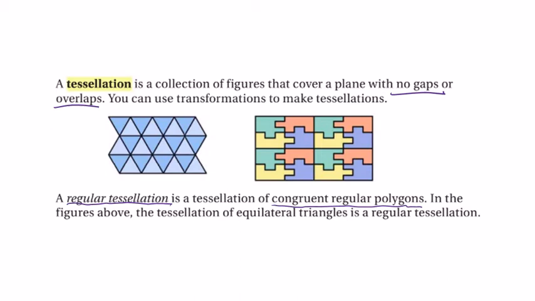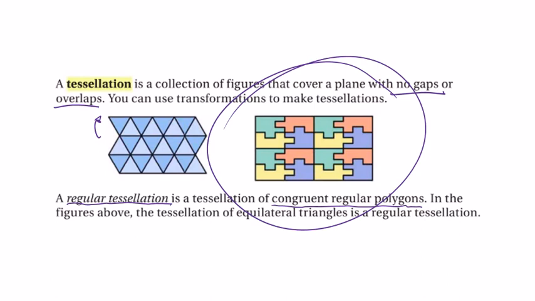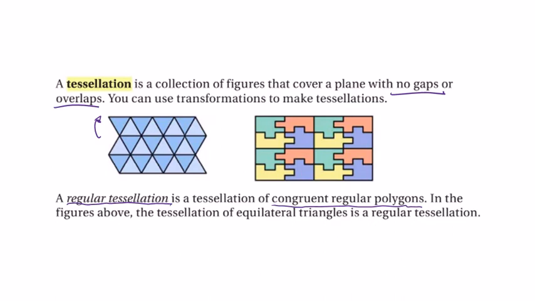They do use a reflection here and perhaps even a horizontal or vertical shift in order to create this beautiful pattern. Now, this particular figure is not a regular tessellation.